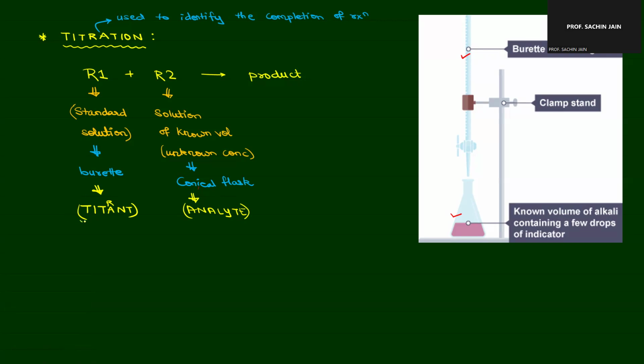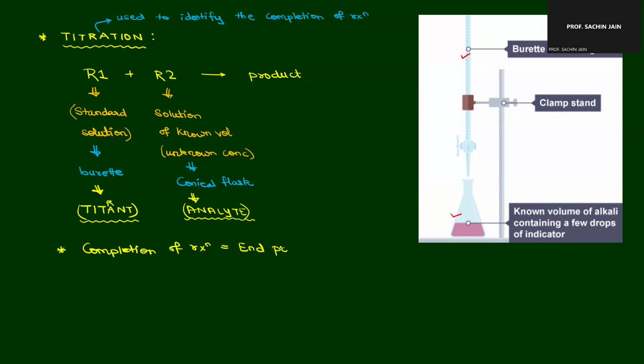So now the burette would be putting drops of the R1 into the analyte, and there will be a point where the reaction will come to completion. The point where the reaction comes to completion is called the end point of the reaction.